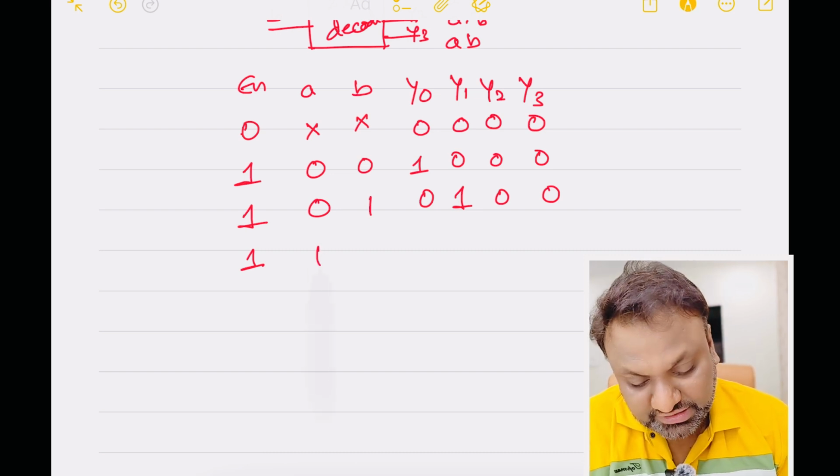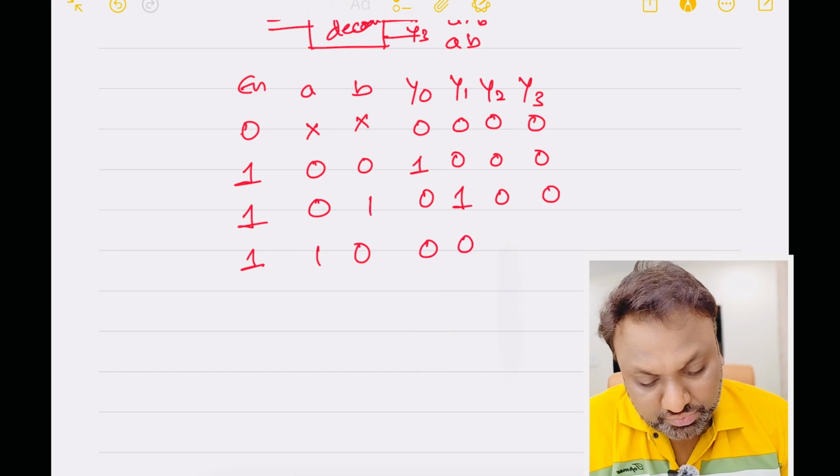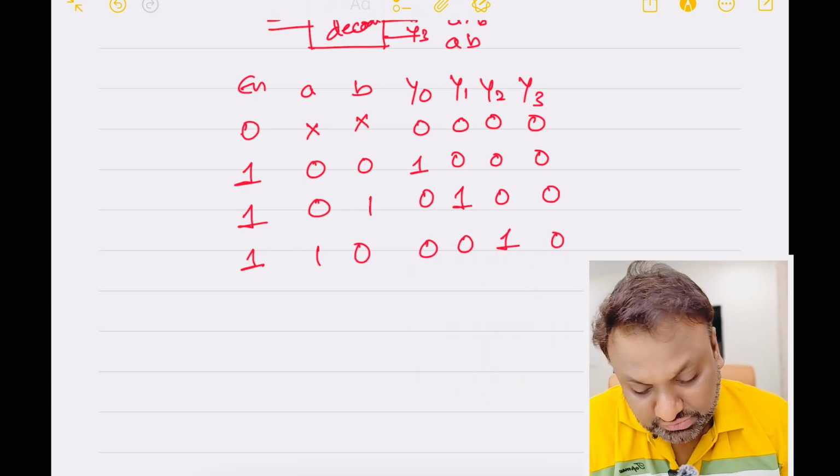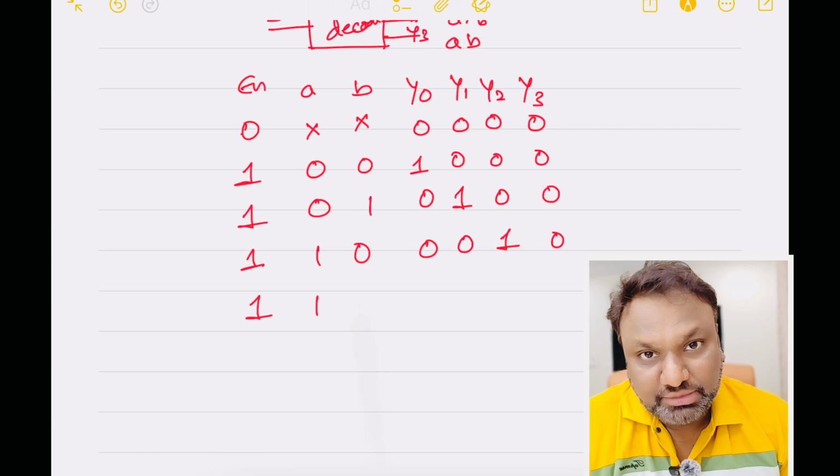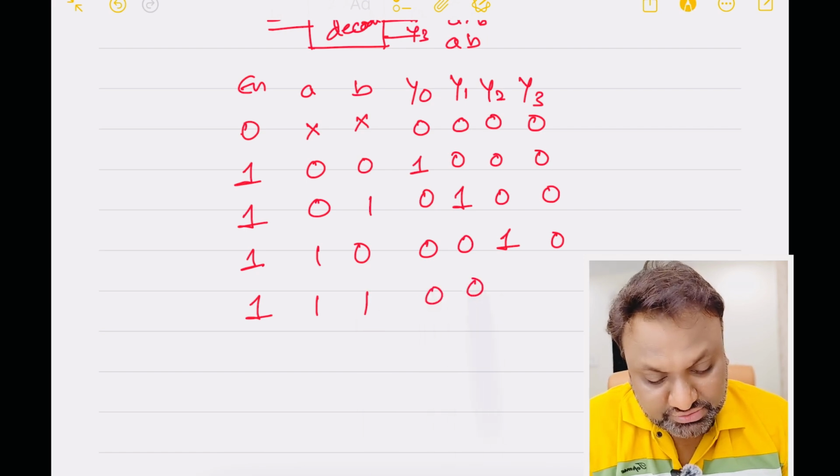When the input is 1 0, I get the output 0 0 1 0. When the input is 1 1, you get 0 0 0 1.